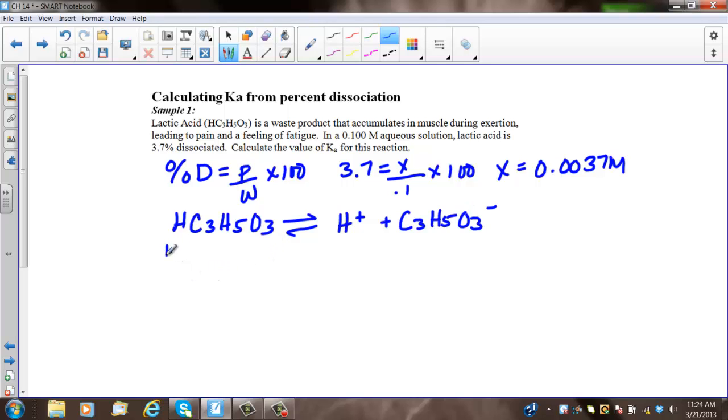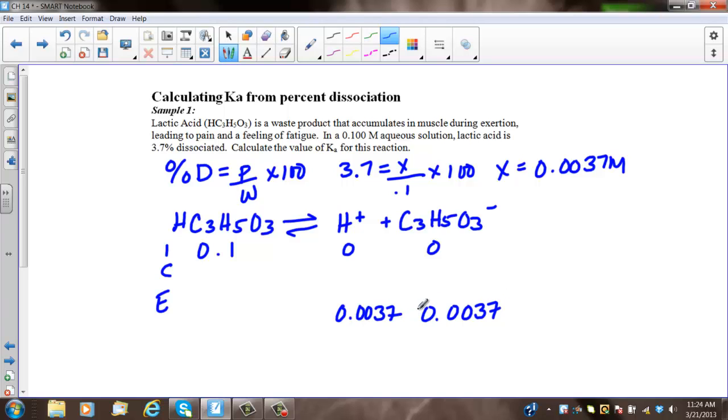We know that our initial concentration is 0.1, and we know that we have no hydrogen ion concentration or C3H5O3 minus concentration. What we do know, however, is that at equilibrium we have present in solution 0.0037 molar of our 2 ions.